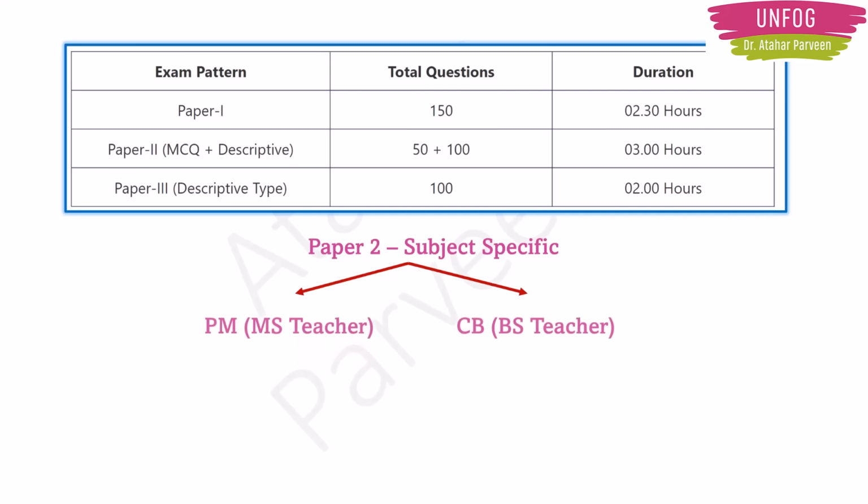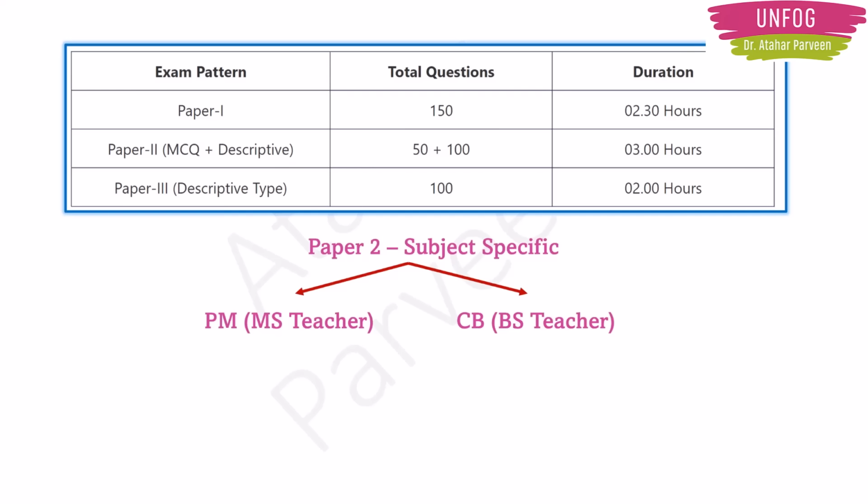One will be for PM method aspirants. The other one will be for CB method aspirants. PM method means aspirants who have done physics and maths in their BSc and B.Ed, and CB means aspirants who have done chemistry and biology. So here in Gpstr, specifically for PM method aspirants, they call them a mathematics science teacher.